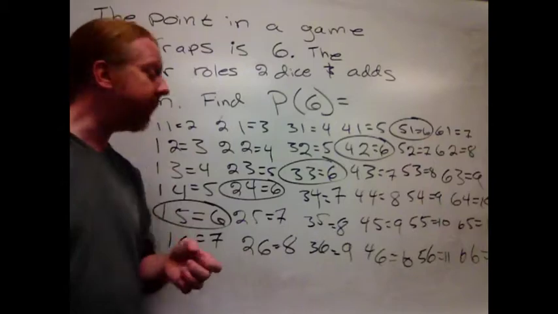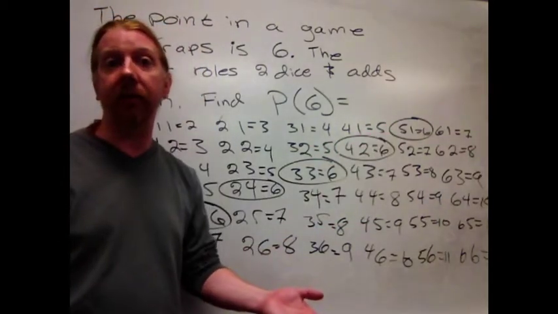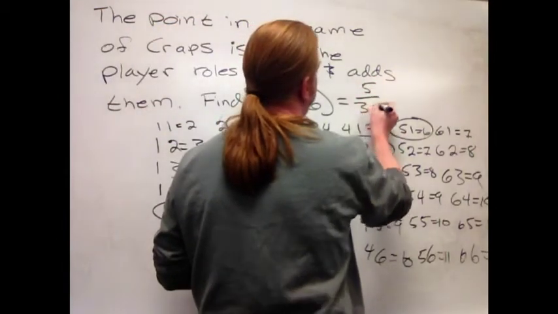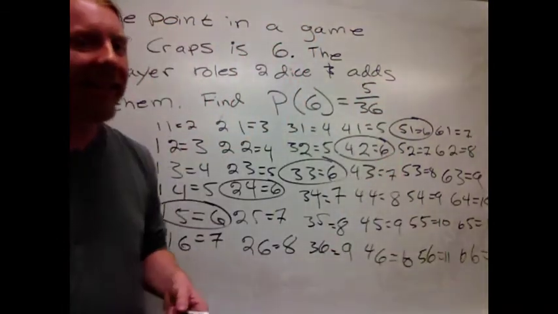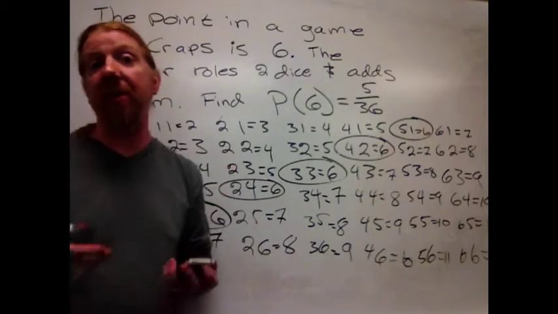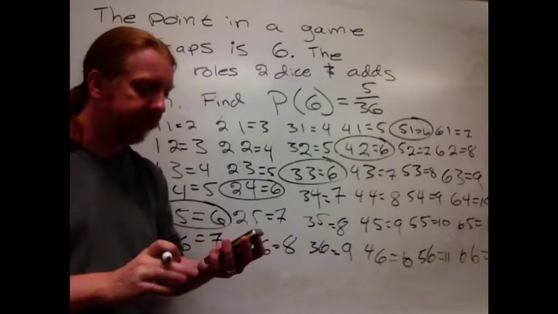So the probability then would be 5 out of 36. Unfortunately, that's not exactly a fraction I can reduce. No number divides evenly into both 5 and 36. So we can now go ahead and turn it into a decimal.